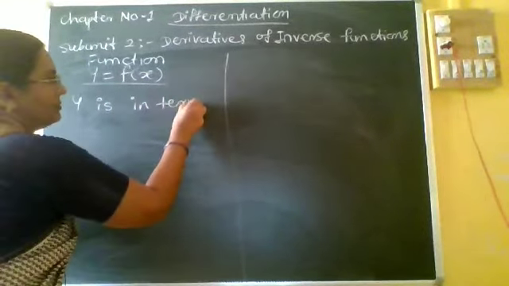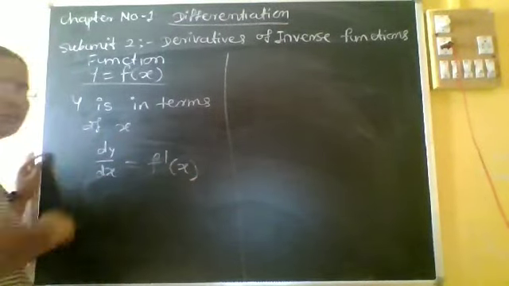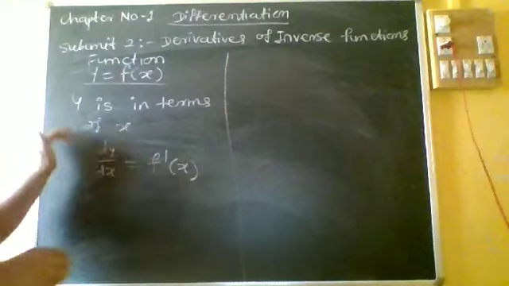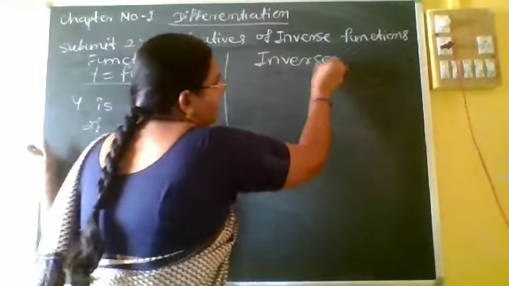Then we differentiate this function with respect to x. This becomes dy by dx is equal to f dash of x. But what is the inverse function of this function?